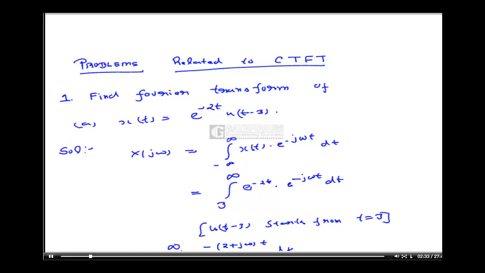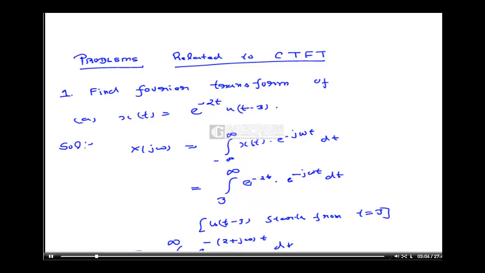When I put infinity, this becomes 0. When I put 3, we get 0 minus e to the power minus 3(2 plus j omega) upon minus (2 plus j omega). This is equal to e to the power minus 3(2 plus j omega) upon 2 plus j omega.